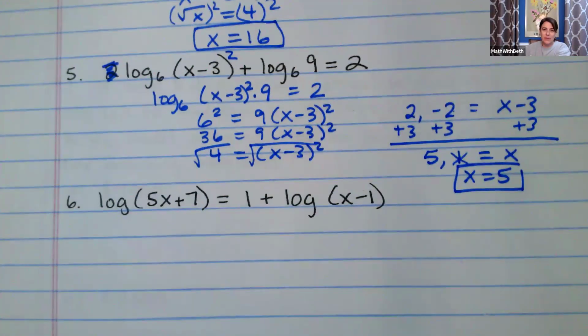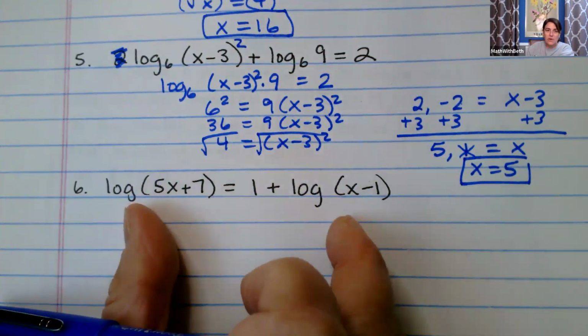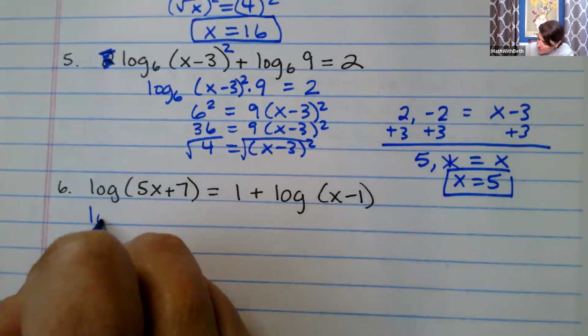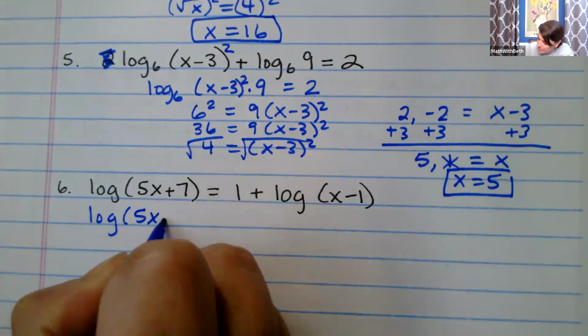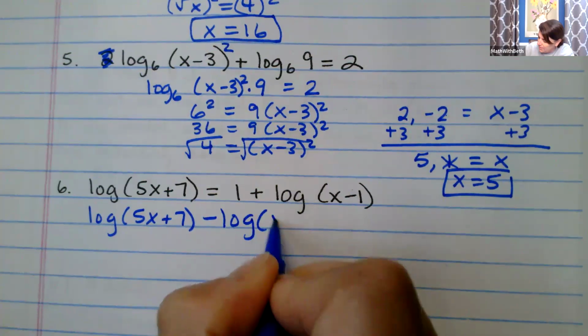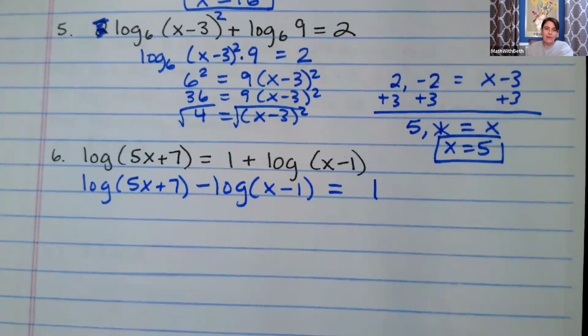Okay, so 6 is similar where we have 2 logs that we're never going to be able to get just by themselves. So I'm going to get both logs on one side so I can do the same type of thing we did for number 5. So I'm going to subtract this log over here. So now both logs together, they both have the same base.